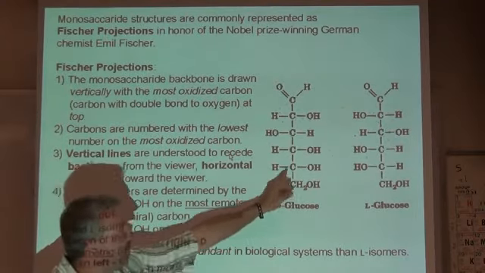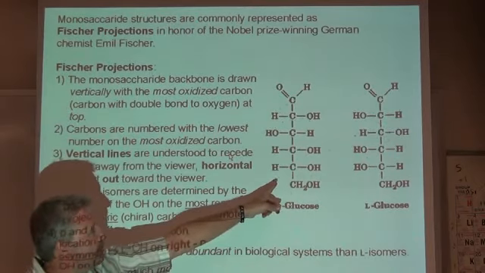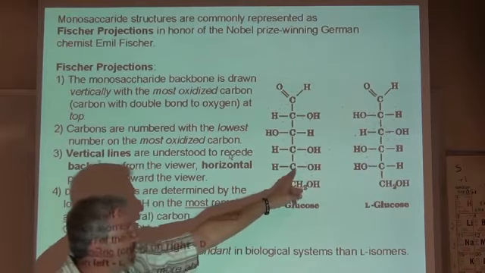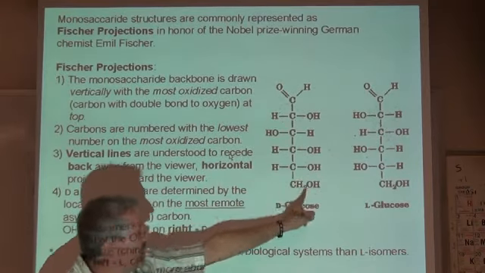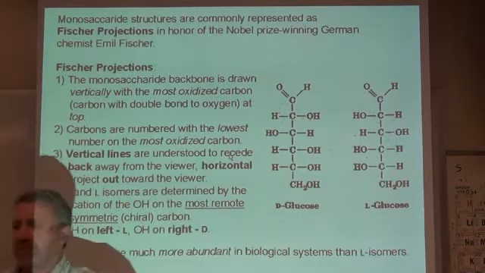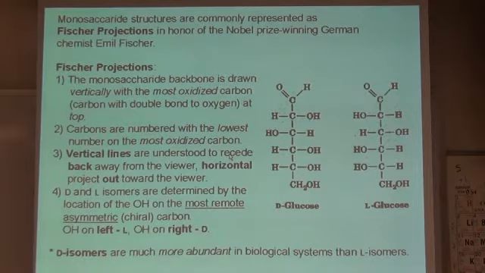And we do that by arranging our carbon chain in the vertical direction, looking not at our last carbon, but our second to the last carbon. If the OH is on the right, it's the D. If it's on the left, it's the L. Simple as that. The Fischer projections tell us whether we have the D or L isomer. And that's it.